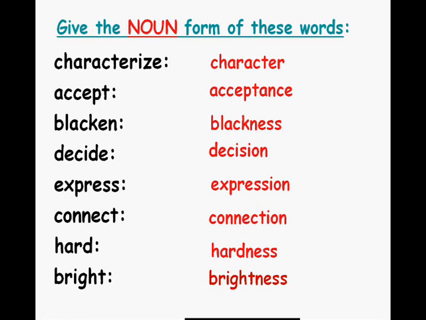I give you half a minute to just have a look at the words and their noun forms. Okay?